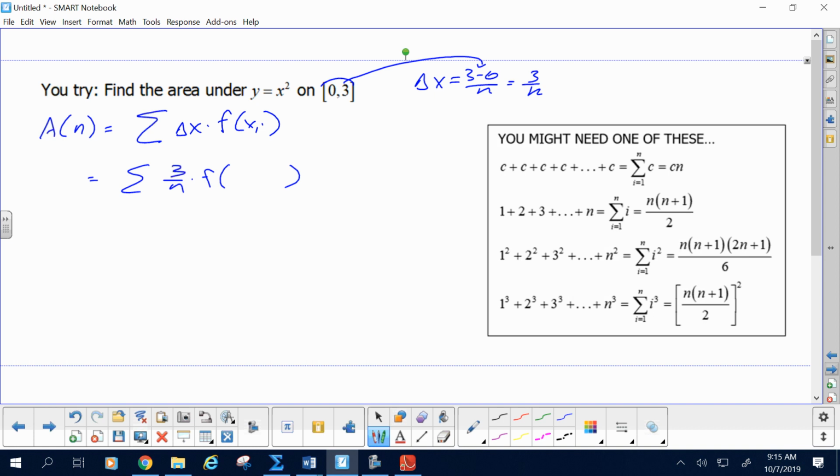Okay, so can we agree with the delta x of 3 over n? Okay, so therefore when we do our base times height, the base is 3 over n, that's delta x, f at what?